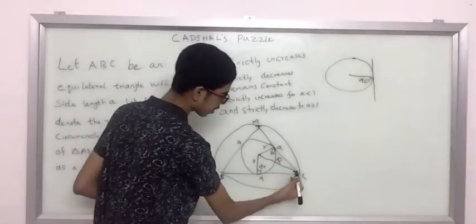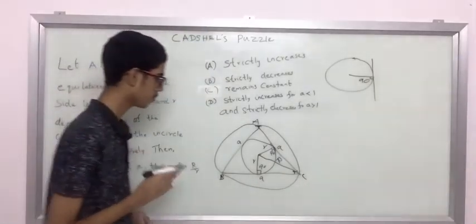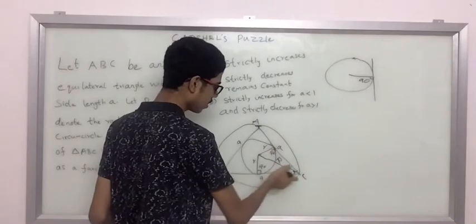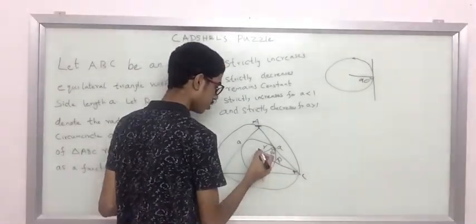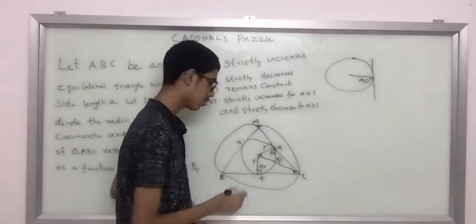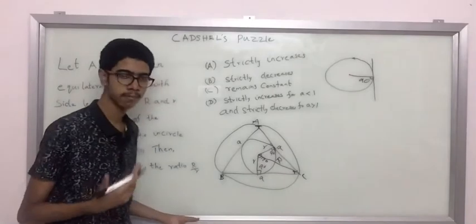This angle is 60. This is 90, this is 90, this is 60. What is this? That is 120.